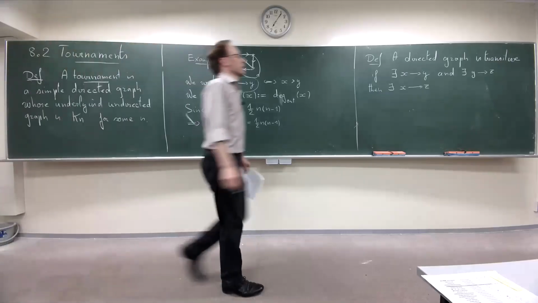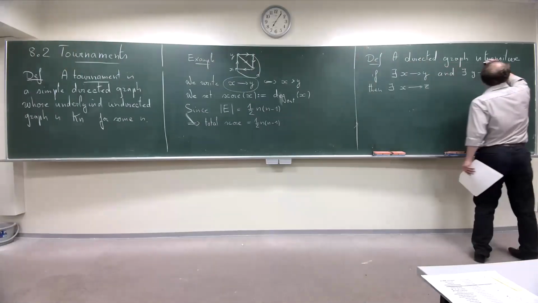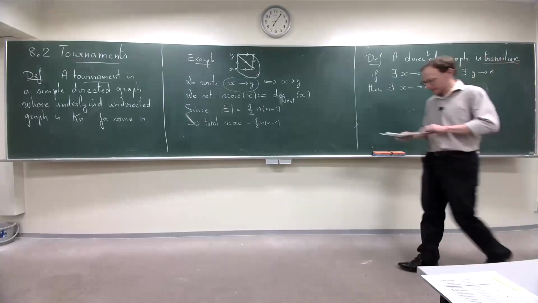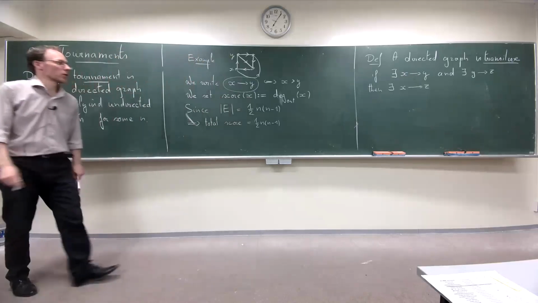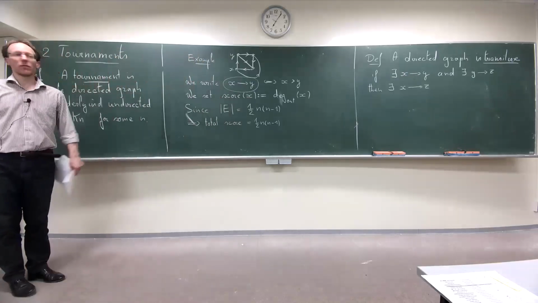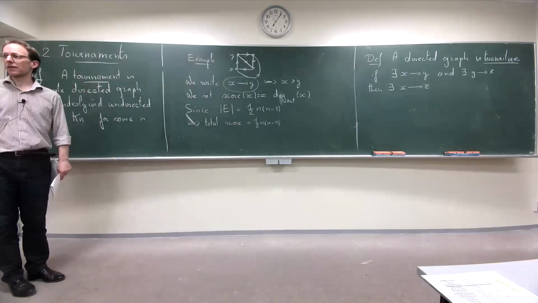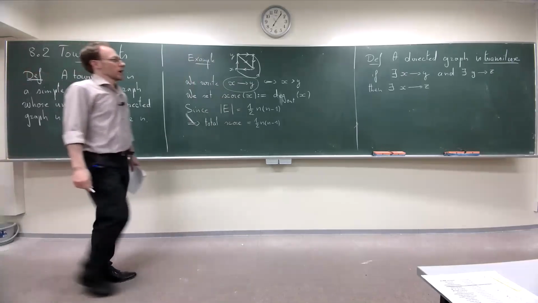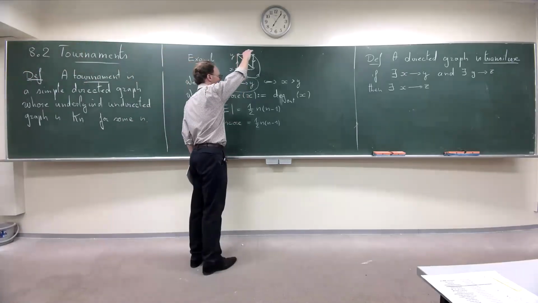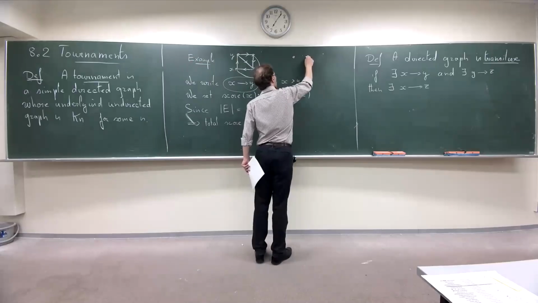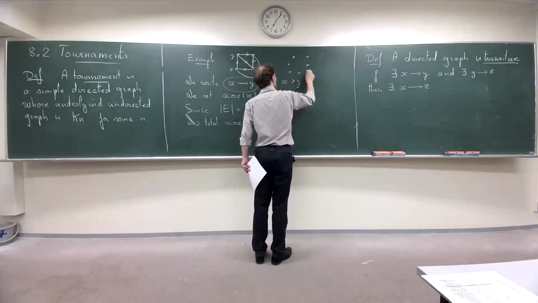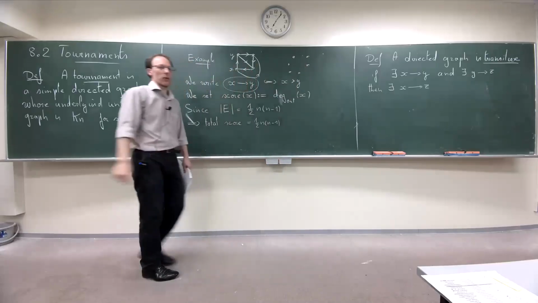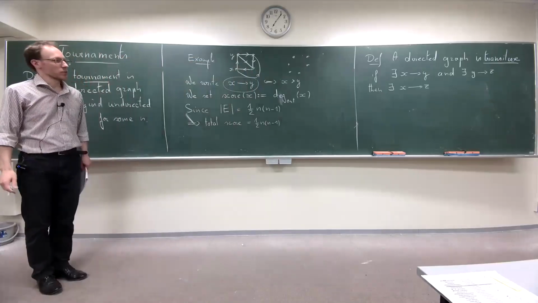So we say that a directed graph is transitive in this case. You can wonder what it means for a tournament. Of course, you should start with a more complicated tournament, at least for 5 or 6, and check what it means for a tournament to be transitive.